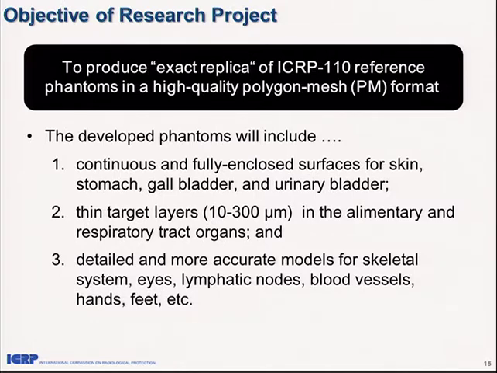The developed phantoms will include continuous and fully enclosed surfaces for skin, stomach, gallbladder, and urinary bladder, and also other organs. These phantoms will also include thin target layers in the alimentary and respiratory tract organs, and detailed and more accurate models for skeletal systems, eyes, lymphatic nodes, blood vessels, etc.